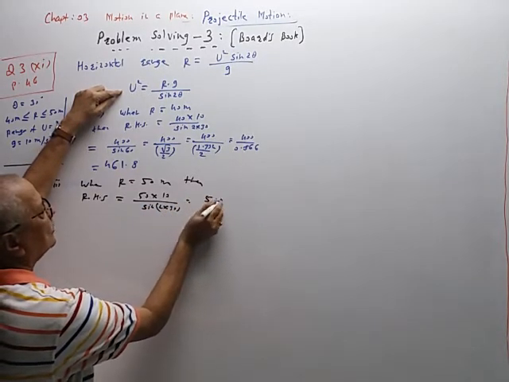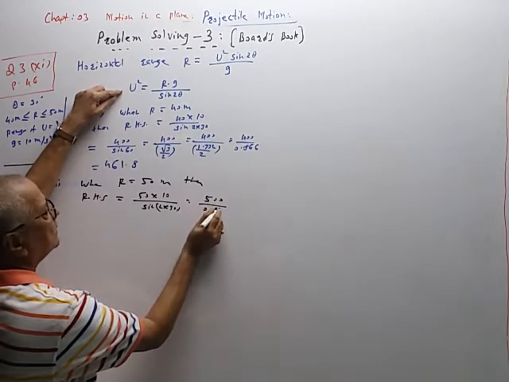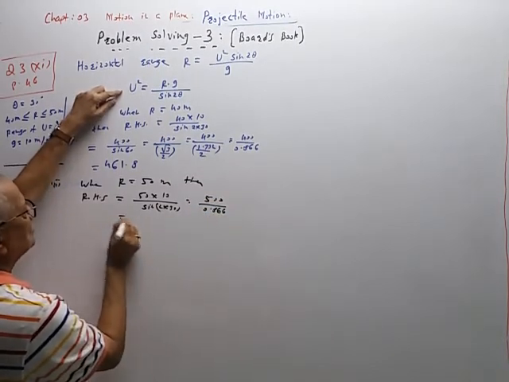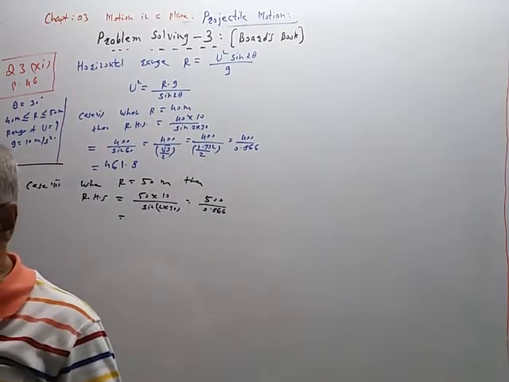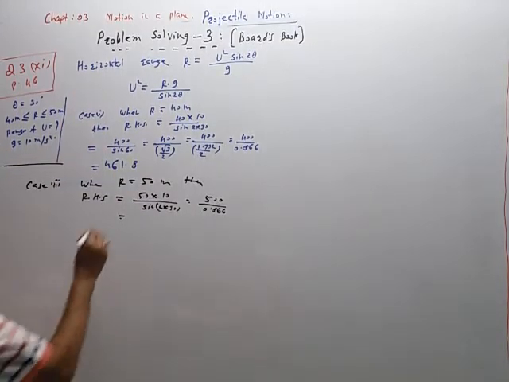So that is equal to 500 upon, directly I will write down the value, 0.866. So this will be more than 500, so it is 577.3.